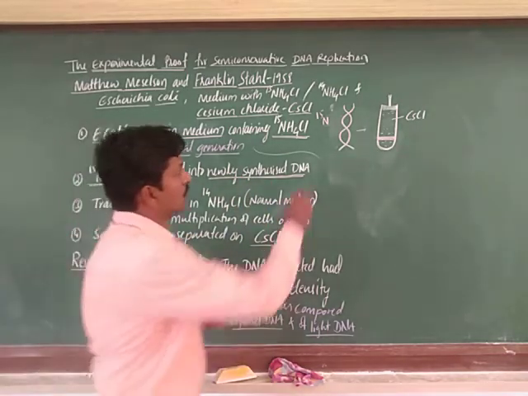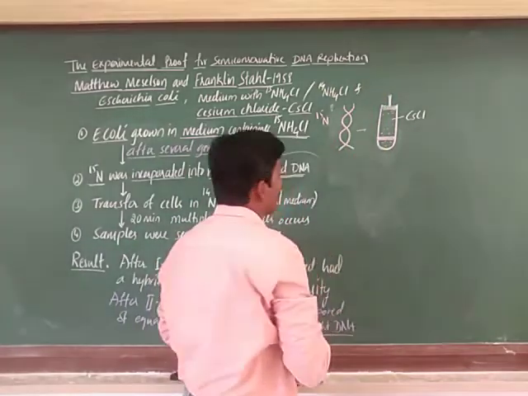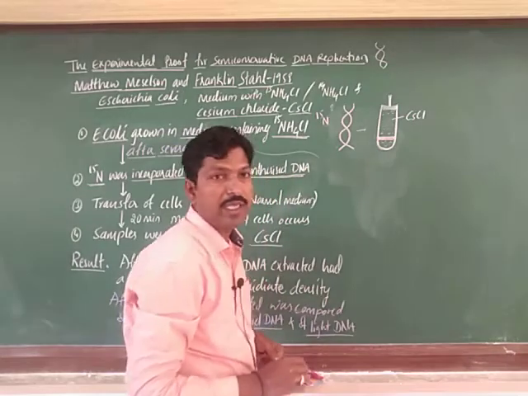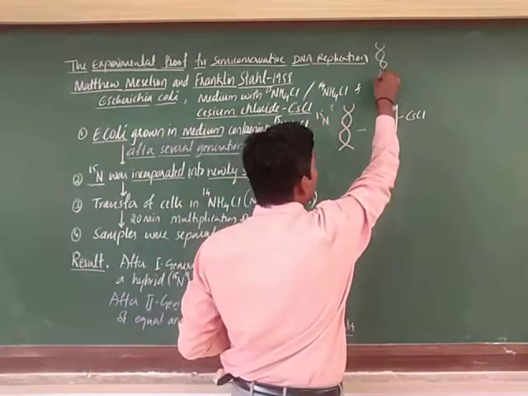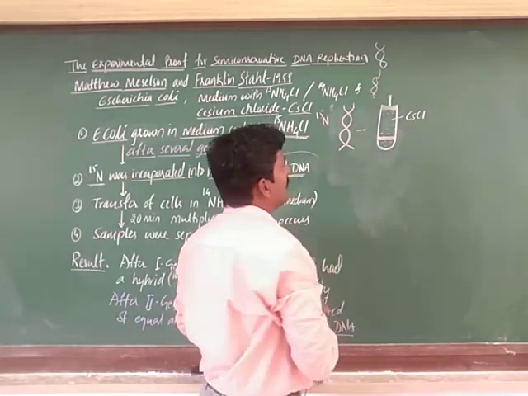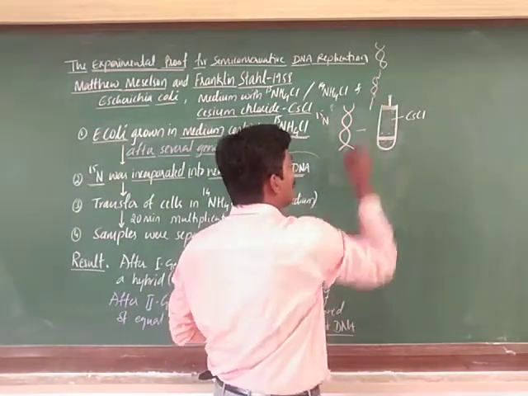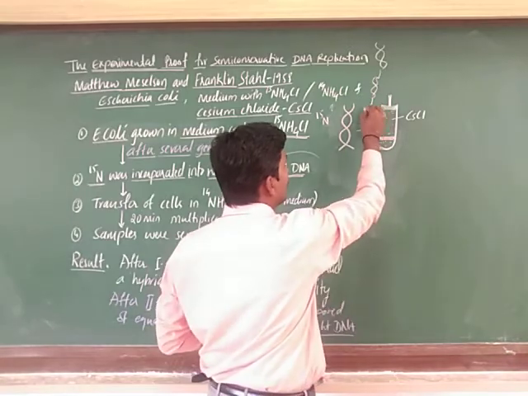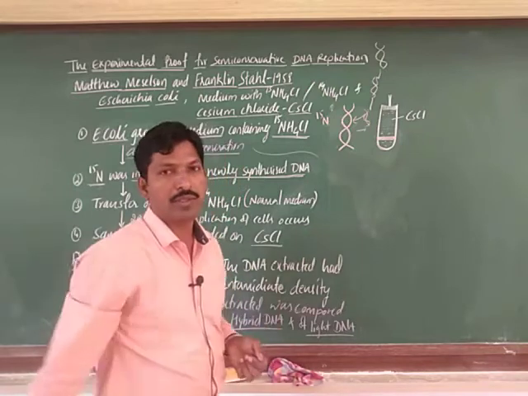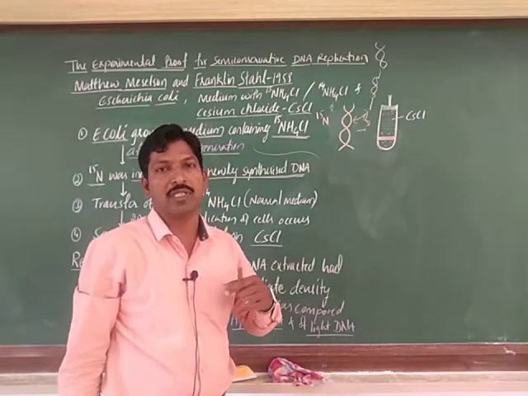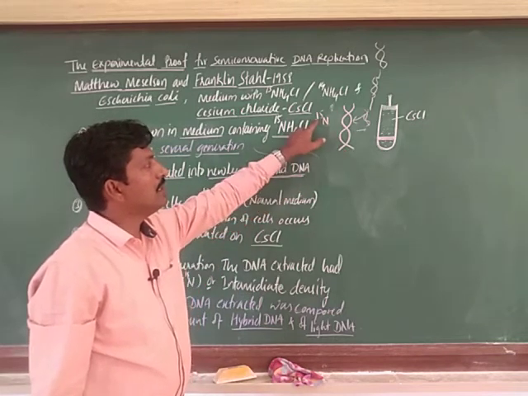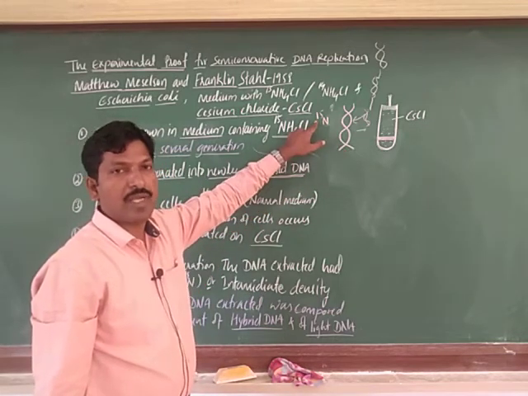Whatever DNA it was, actually it was normal DNA in that bacteria. So, next it becomes maybe partially heavy, right. Then again after several generations it becomes like this, right. Finally, all the DNA molecules present after many generations become N15, that is the heavy isotope, right.